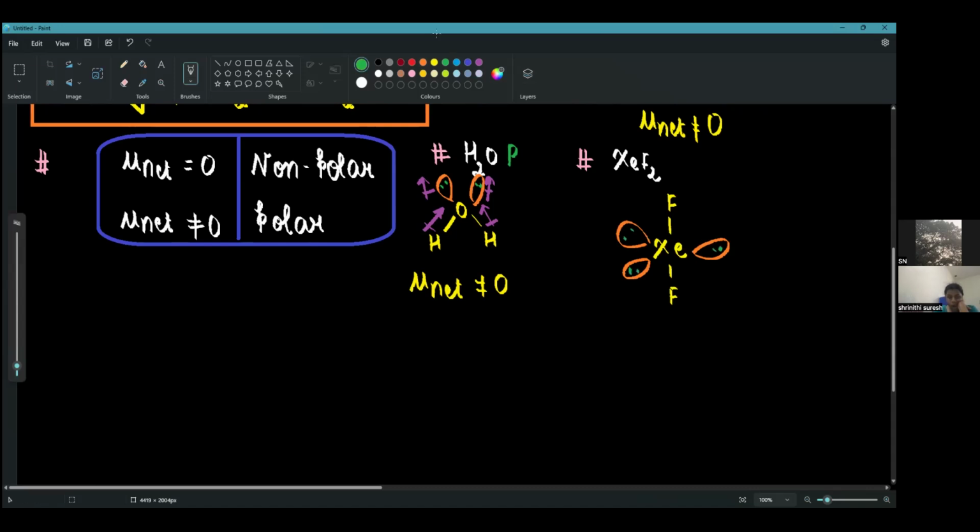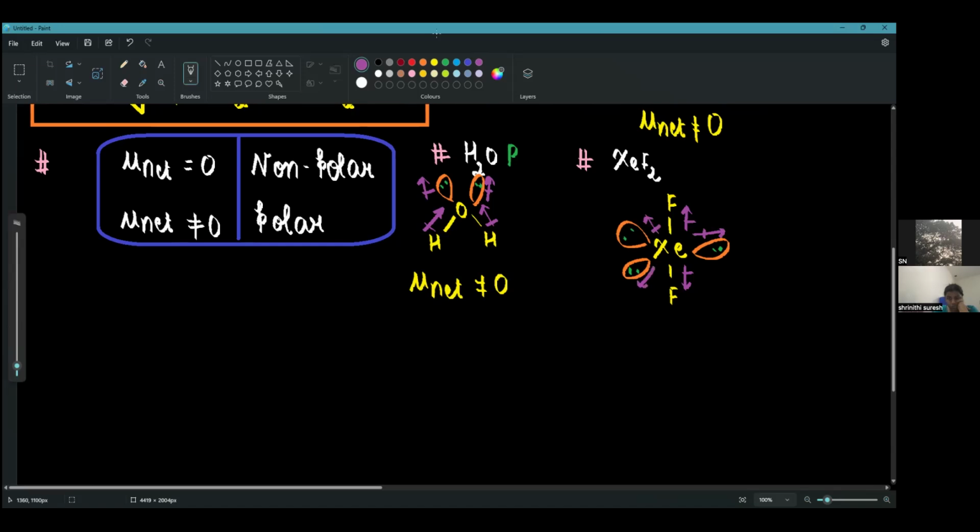So can I say that the bond moment of the upper fluorine will be cancelled out by the bond moment of the lower fluorine? Then similarly, this bond moment will be cancelled out by the resultant of these two bond moments.